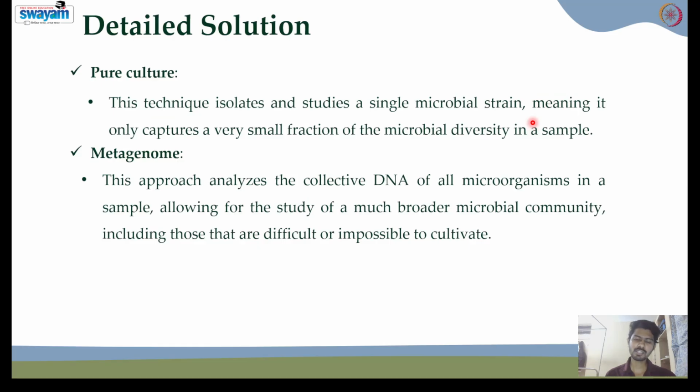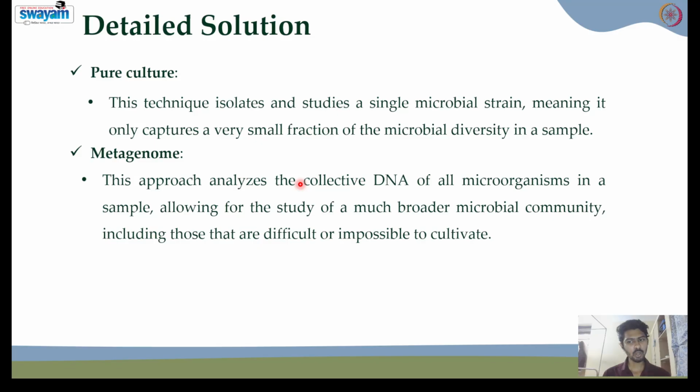And why is it so? In order to know that, we first have to understand the definitions of pure culture versus metagenome. As we all know, pure culture isolates and studies a single microbial strain, whereas metagenome is a culture independent technique.